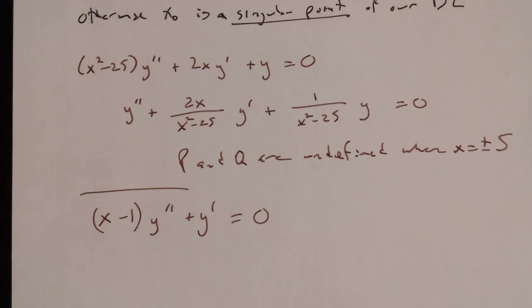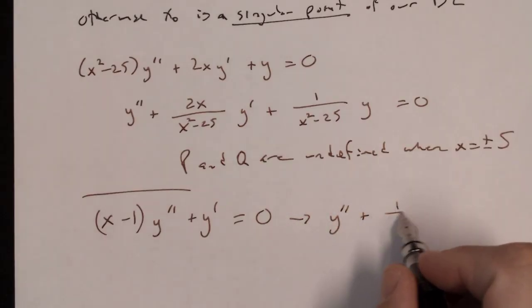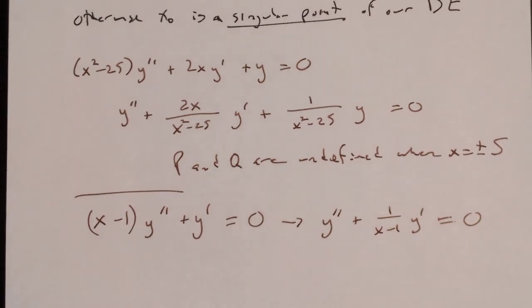If I isolate y double prime here, there's P of x. What's Q of x? It's 0. And 0 is perfectly fine everywhere, isn't it? 0 is a perfectly valid function no matter what x you plug in. But this is screwed up at 1.